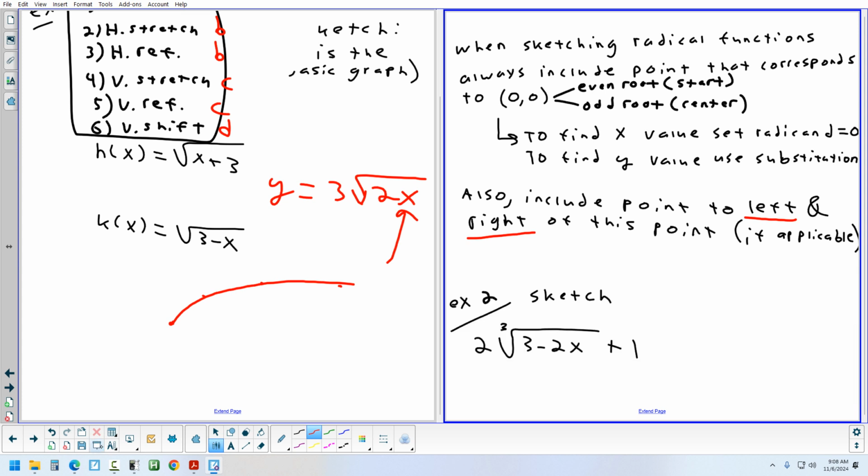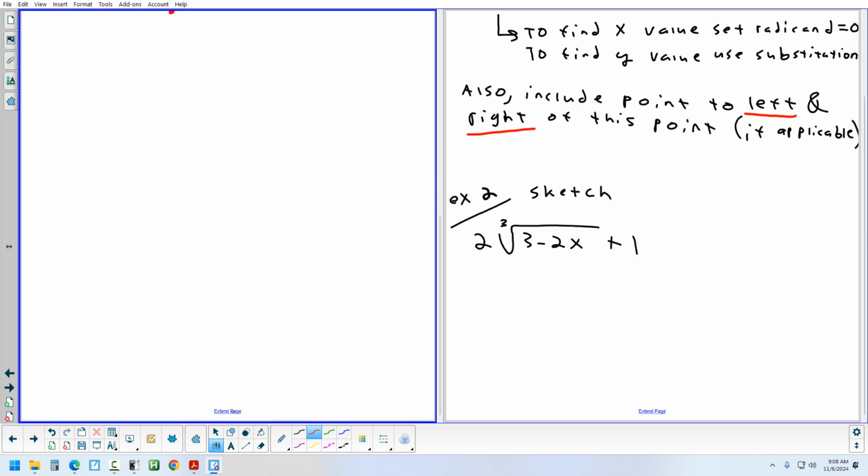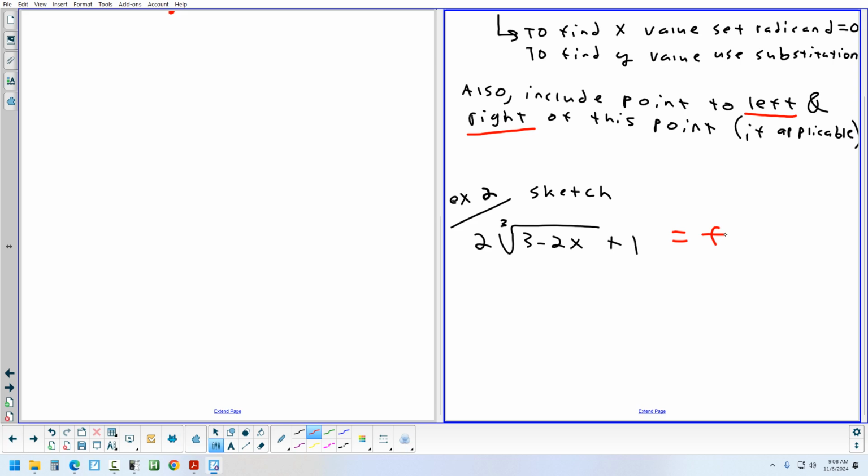Okay, so let's try this one. First of all, is this problem going to have a start point or is it going to have a center point? A center point. Yeah, it's going to have a center point.